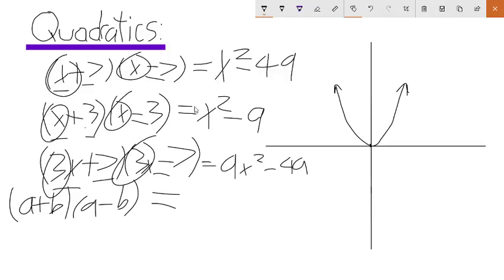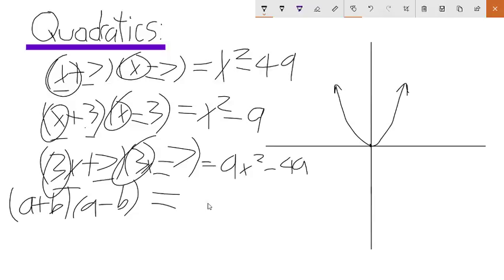Then what would this equal in terms of a and b? Well, when we have x plus 7 times x minus 7, we have x squared, and then 7 times negative 7 is negative 49. Whenever we have 3x plus 7 and then 3x minus 7, we get 3x times 3x, which is 9x squared, and then 7 times negative 7, which is negative 49.